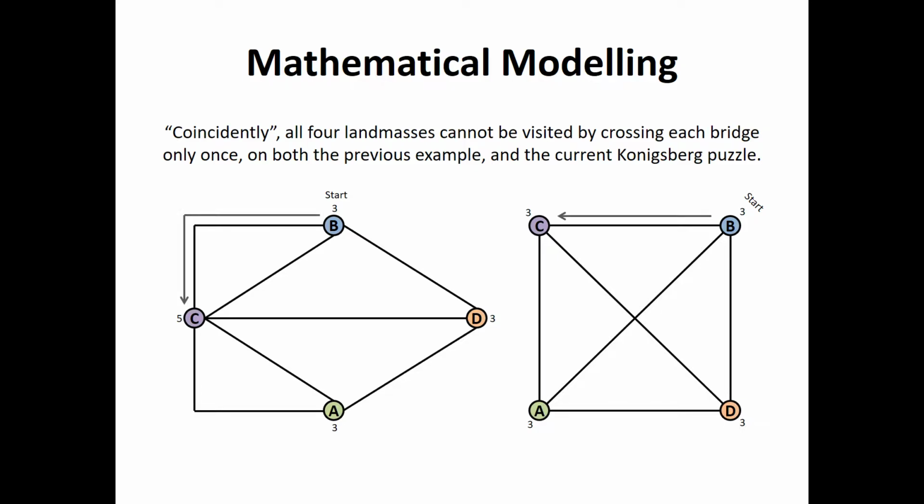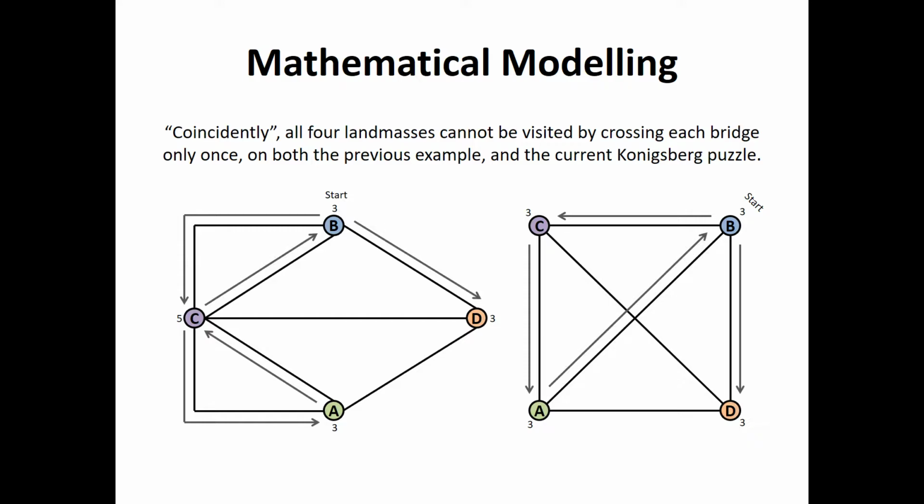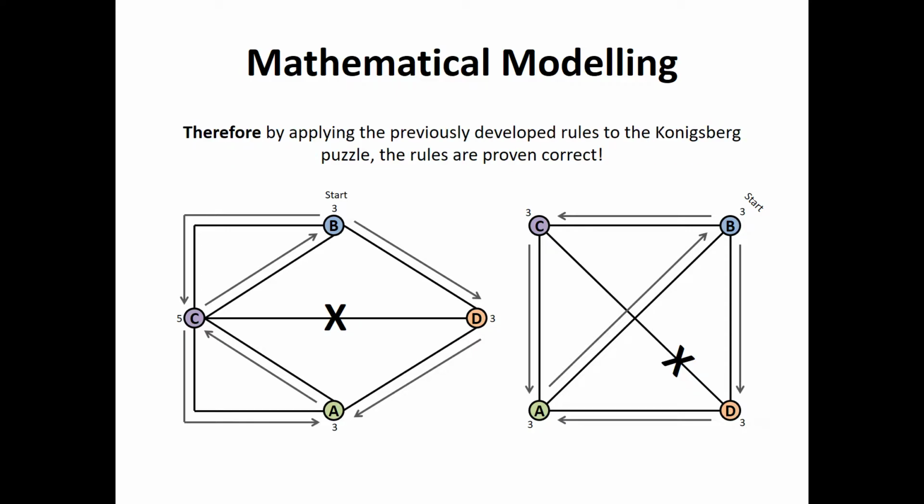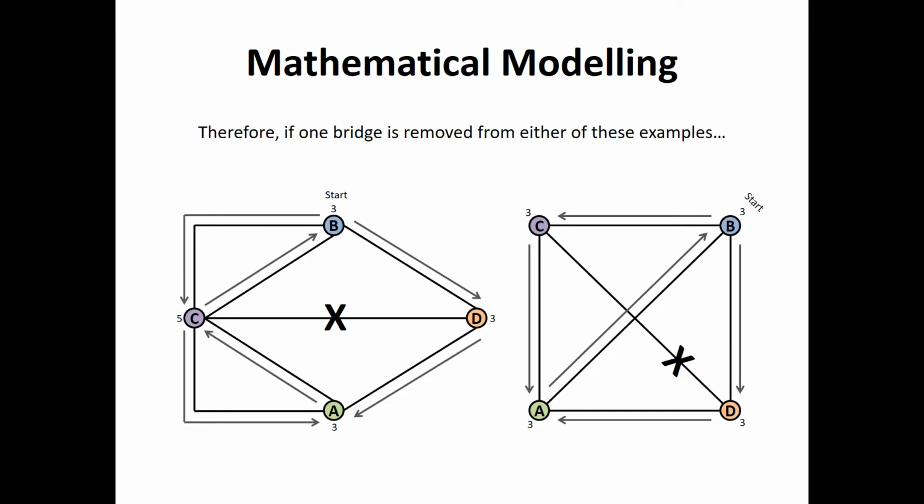And so by using that, we can see that, as shown here, as each movement across each bridge occurs, it's very similar, leaving one bridge left out. So therefore, by applying the previously developed rules to the Königsberg puzzle, the rules are proven correct.